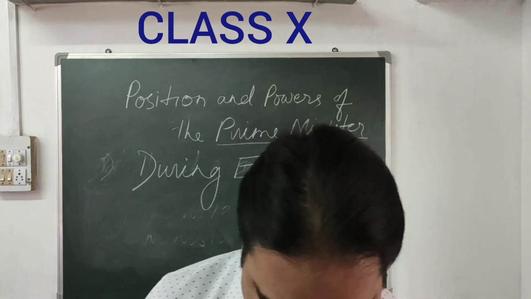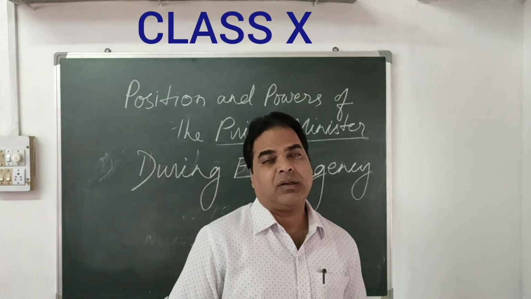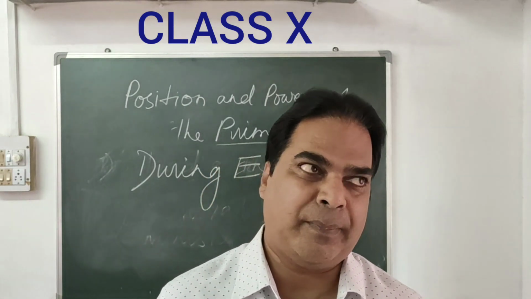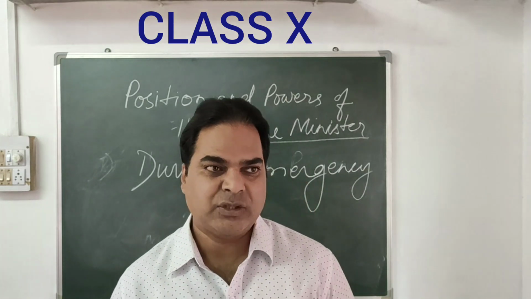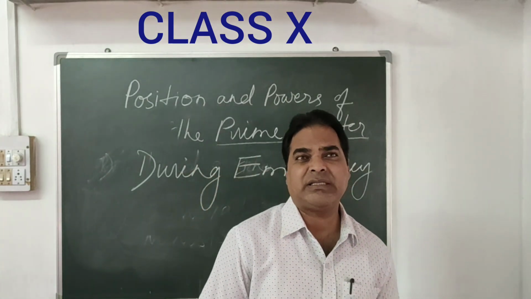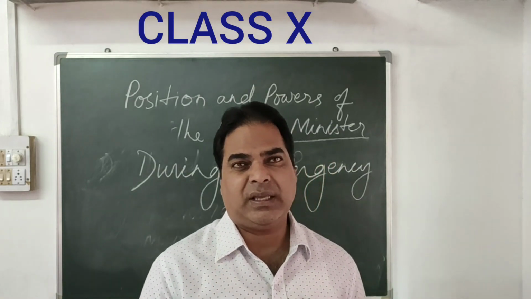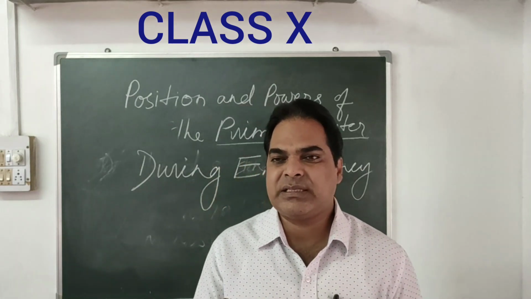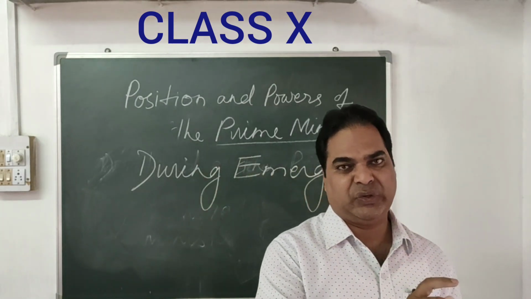The Prime Minister is the chief advisor of the President. We know that our country is run in the name of the President, and the Prime Minister is the link between the Parliament and the President.